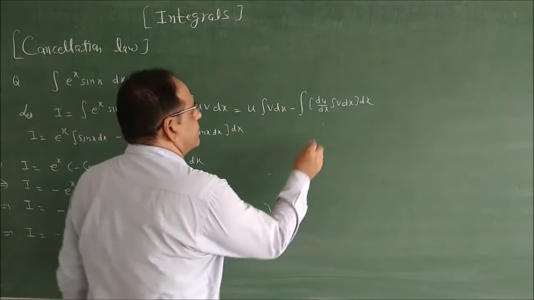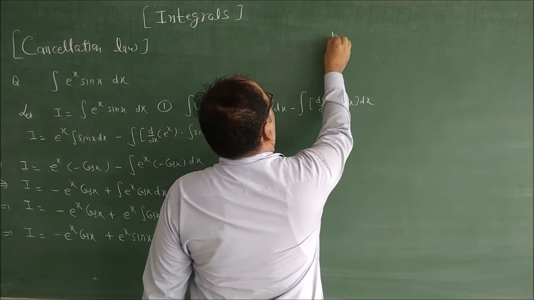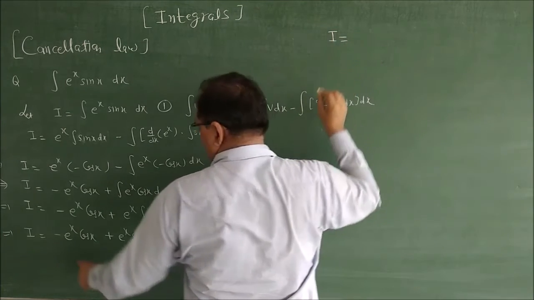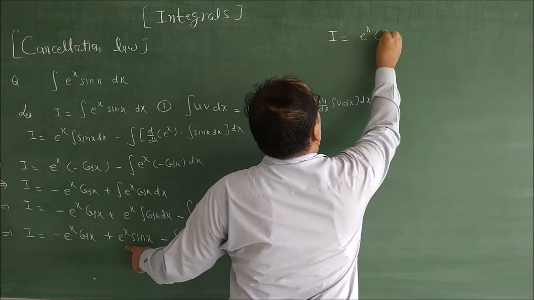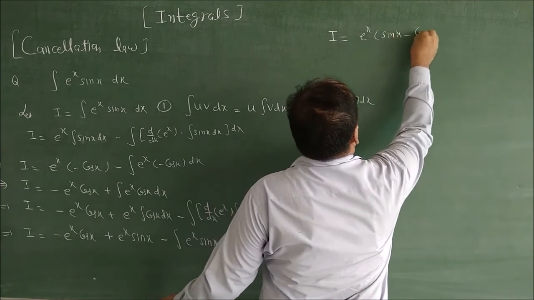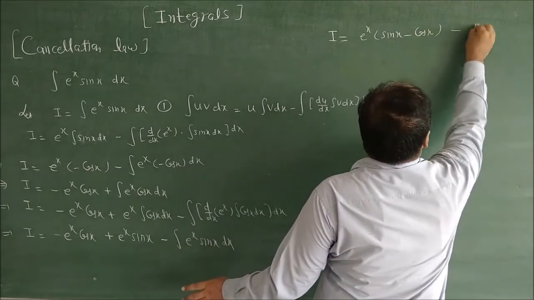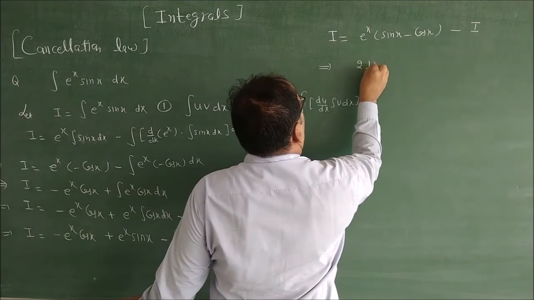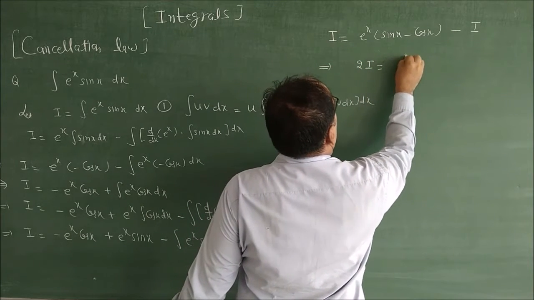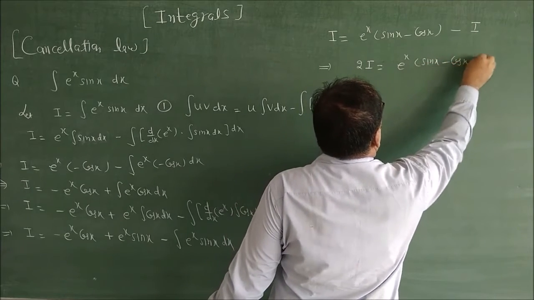So now I equals, from the first two steps, we take common e to the power x, sin x minus cos x, and minus I. This becomes minus I. So now 2I equals e to the power x (sin x minus cos x).